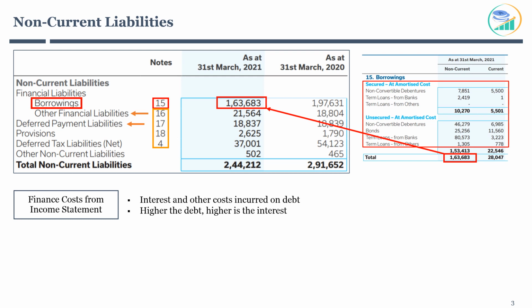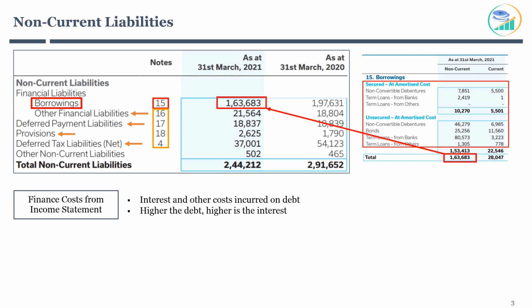The next line item is provisions. Provisions represent the money set aside by the company to cover anticipated losses in the future. The next line item is deferred tax liabilities. Deferred tax liability is the estimated income tax payable in future. Deferred tax liability can arise due to tax relief claimed in advance on expenses as well.